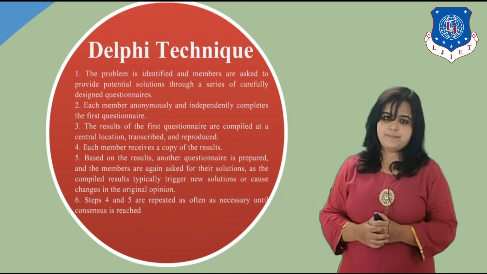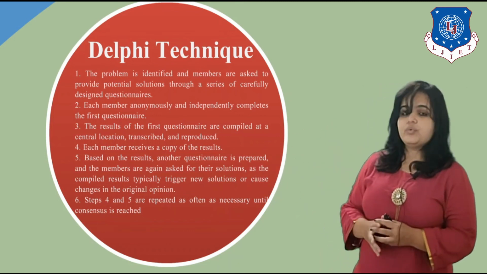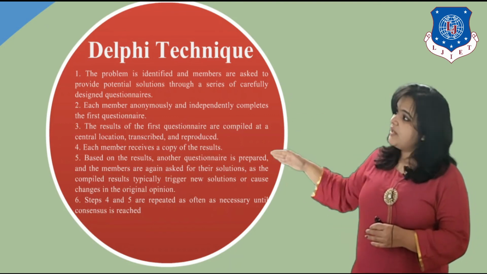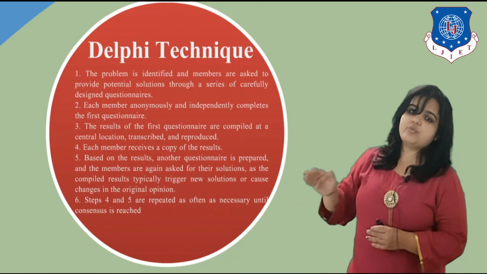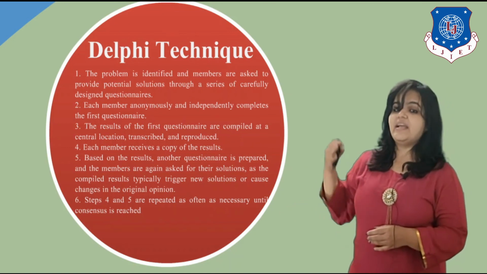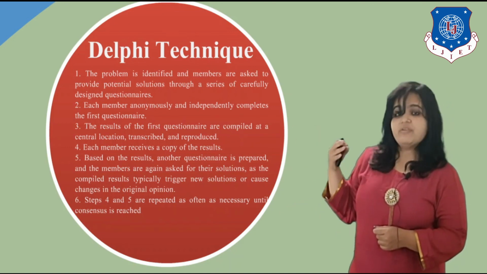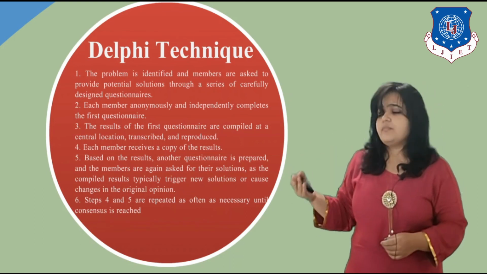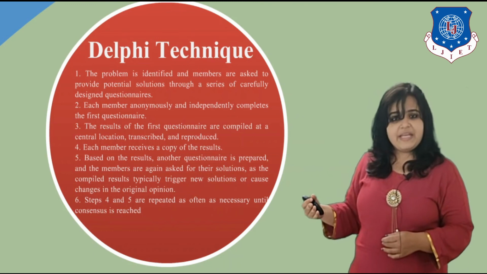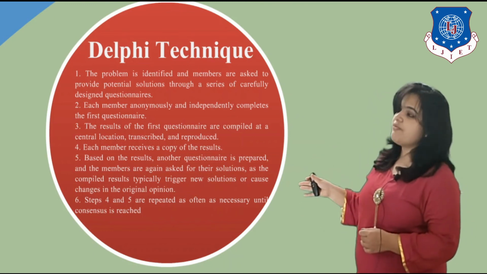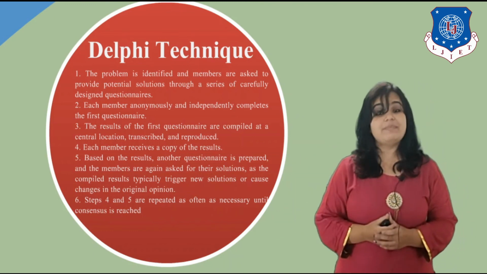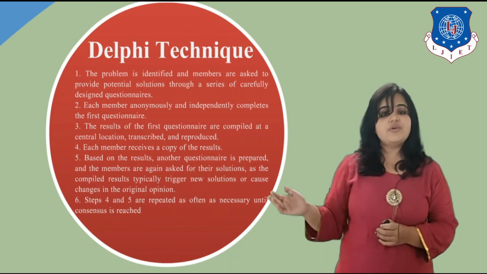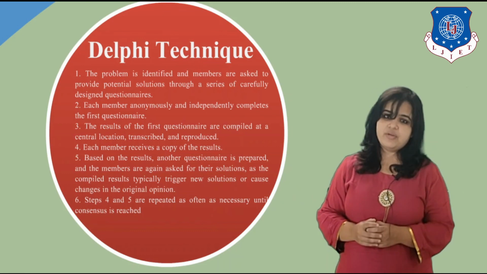Once they get to know the results of the first questionnaire, based upon this, our team leader would design a second questionnaire which is more detailed compared to the first questionnaire, which can have some different questions, some different options. The depth of the questions might vary. Dependent upon the answers of the first questionnaire, the second questionnaire will be designed. This questionnaire is again administered to our group members and they would fill it out.